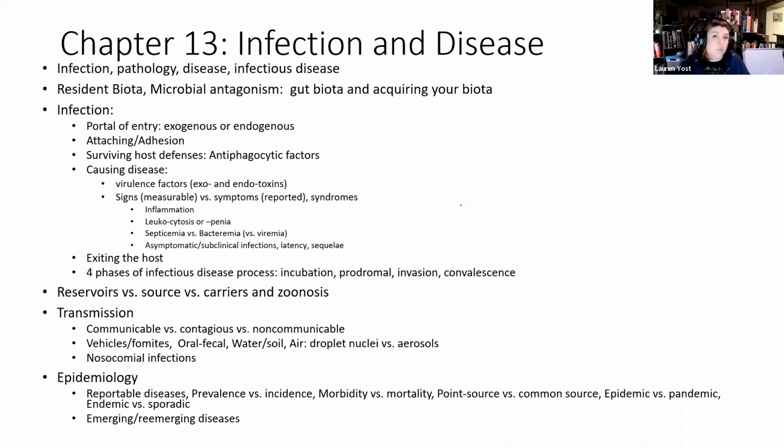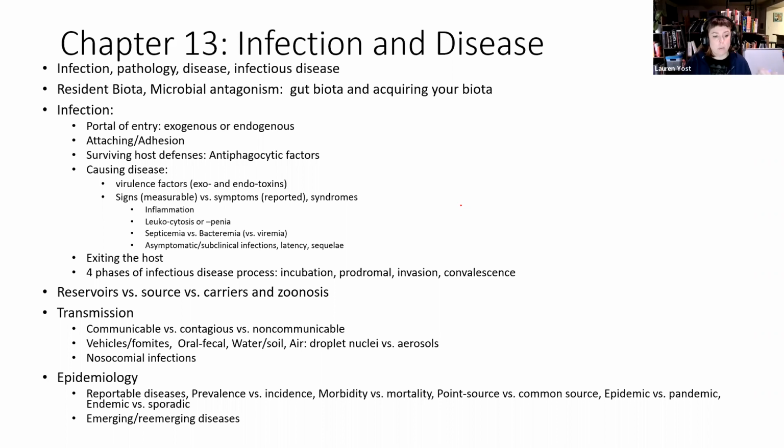But reservoirs are just places where the microbe exists naturally, and it may not necessarily be causing disease, like in an animal population. Like certain viruses just living in bats, and bats are fine, but they eat a piece of fruit and it gets dropped on the ground, and then a pig eats that, and then we eat the pig and we get sick.